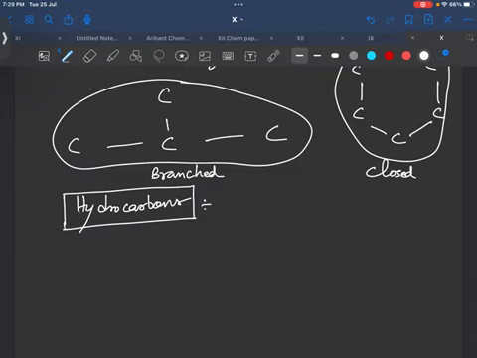Next, we have hydrocarbons. So write down the definition of hydrocarbons: organic compounds which consist of only carbon and hydrogen.